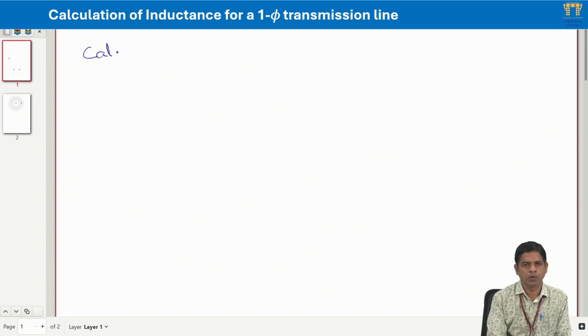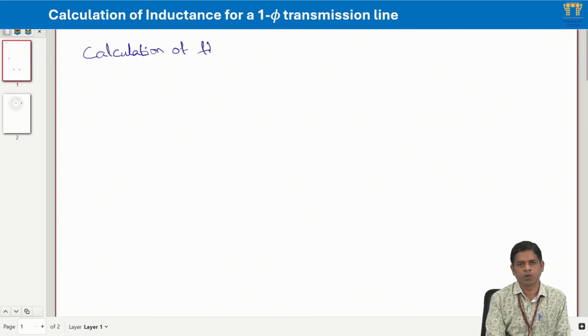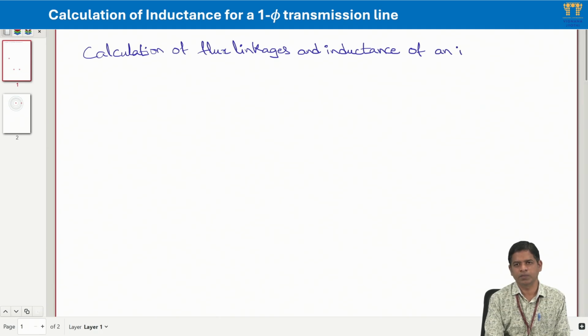So, calculation of flux linkages and inductance of an isolated conductor due to flux up to an external point.